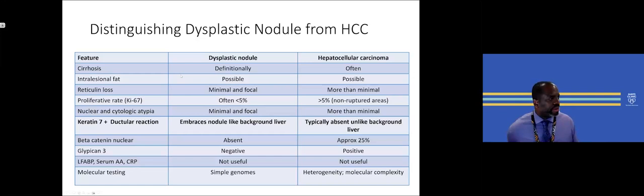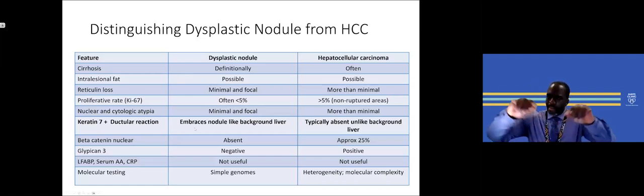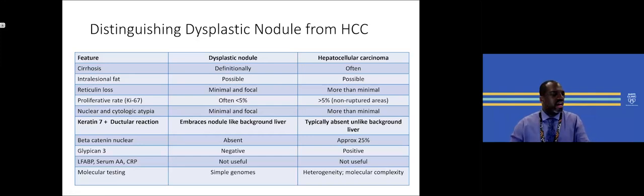If you apply it to a dysplastic nodule, what is characteristic is that the nodule will be embraced by a ductal reaction that the keratin 7 will highlight. Whereas hepatocellular carcinoma typically, not always, but typically will not show that rim of keratin 7 positive ductal reaction embracing or encircling the nodule. And that can be a helpful tool.